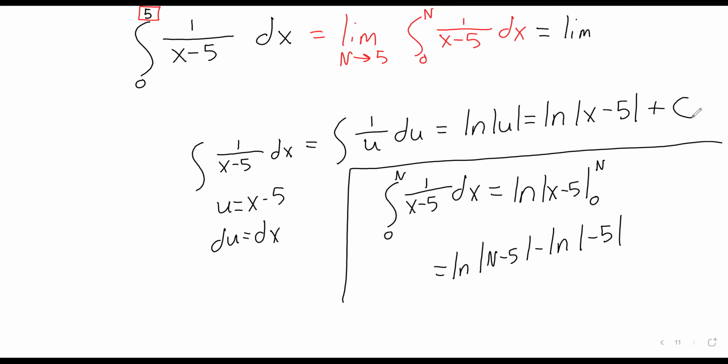I'm going to go to another frame for space, but we're now taking the limit as n approaches 5 of that. Let me just squeeze it in there and then let's give ourselves some space to work. Natural log of n minus 5 minus the natural log of 5.